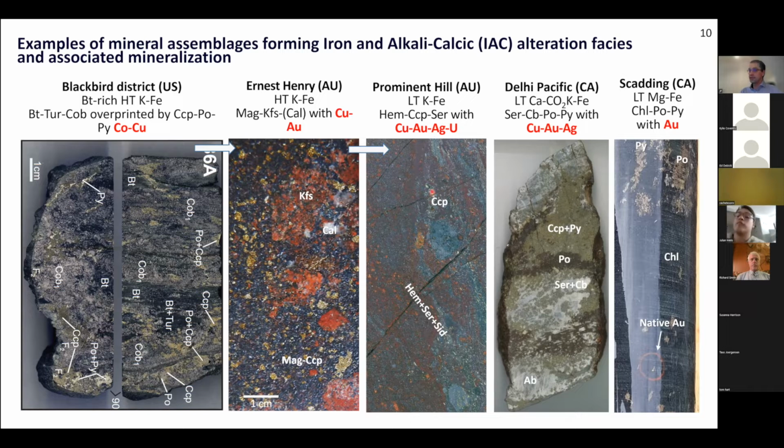In certain instances, especially when these systems are developed in a reducing geological environment, instead of having iron oxide, iron sulfides are going to be preferentially stabilized, and then instead of iron oxide copper-gold type mineralization, it's going to form iron sulfide type copper-gold mineralization.